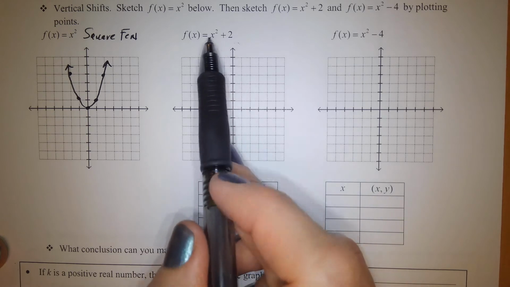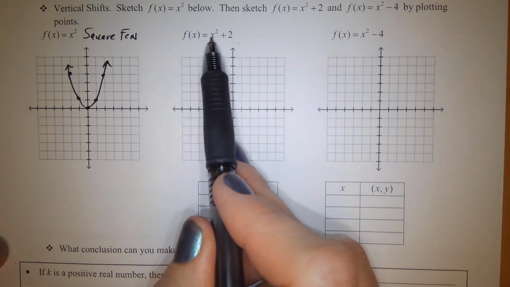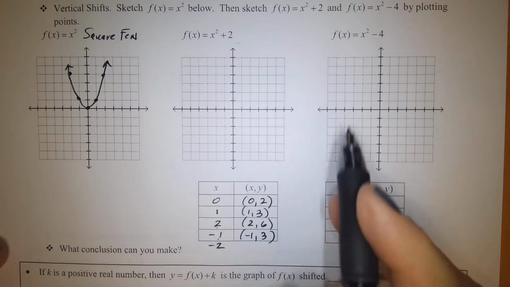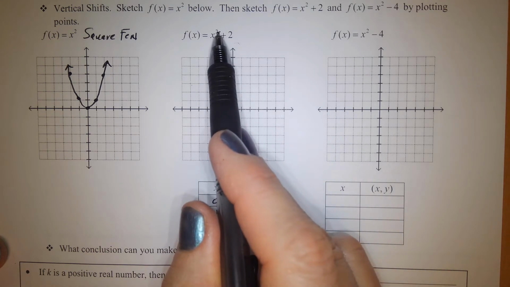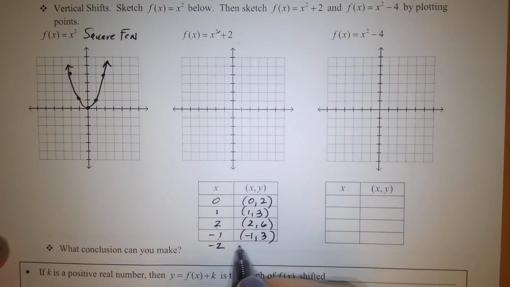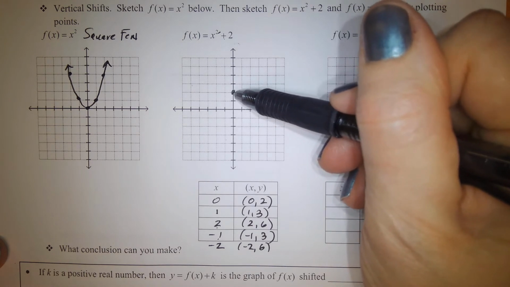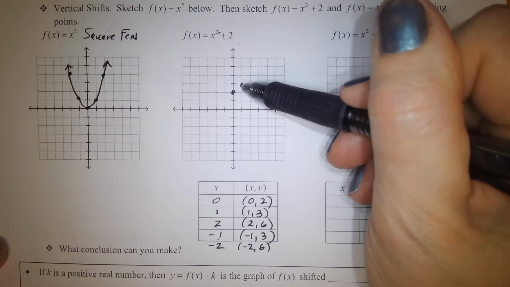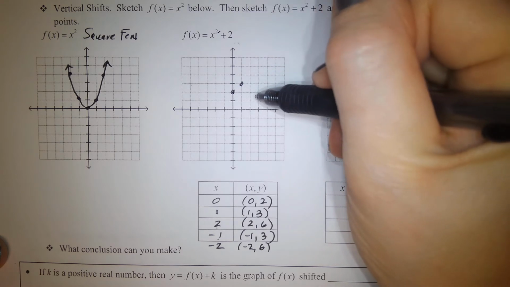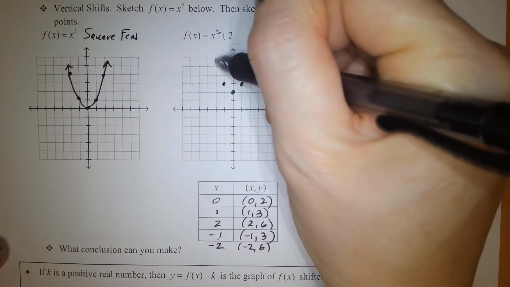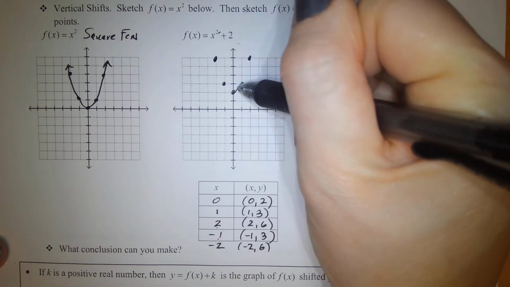If I plug in a -1, -1 squared is 1, plus 2 is 3. -2 squared is 4, plus 2 is 6. So let's plot these points and see what the graph looks like: 0, 2, 1, 3, 2, 6, -1, 3, and -2, 6.